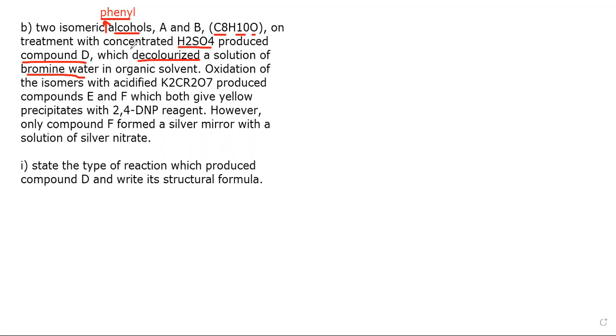Also, this reagent, concentrated sulfuric acid with your alcohol, you should know that that is a dehydration reaction. So you treat the alcohol with concentrated sulfuric acid, and you get a compound that decolorizes bromine water. It is telling us that compound D is an alkene because you have just dehydrated your alcohol to form an alkene.